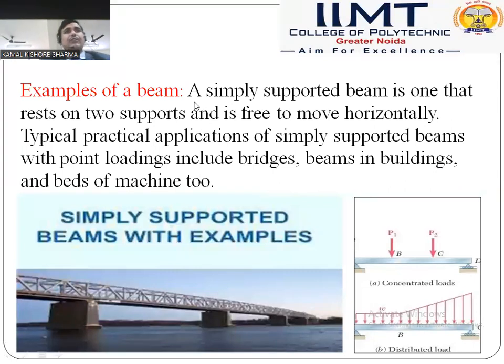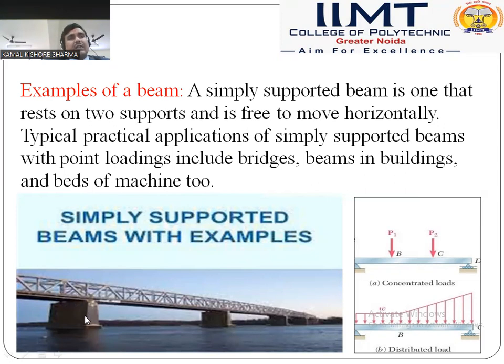Example of beam, different types of beams. Simply supported beam is one of them. It rests on two supports and is free to move horizontally. Typical practical applications of simply supported beam with point loading include bridges, beams in buildings, and beams of machines too.